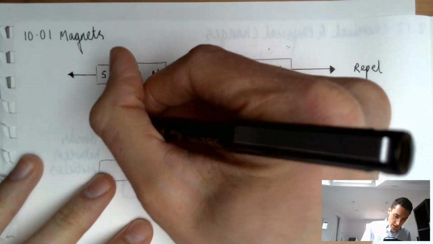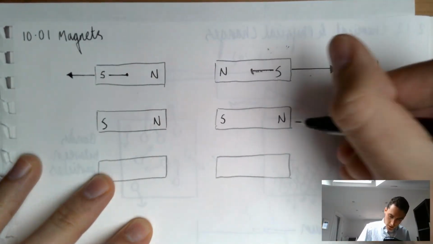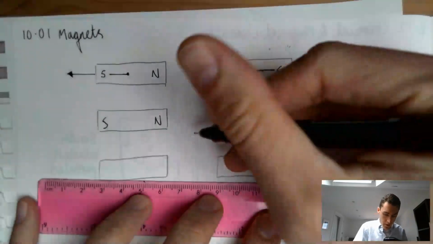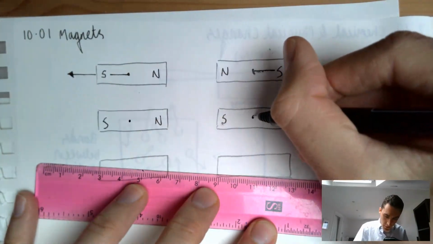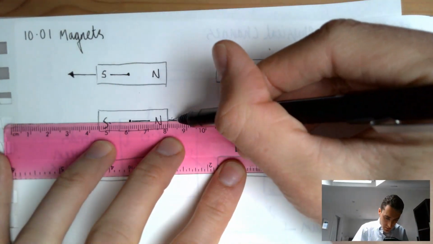Next, I would have another case. So let's say I've got south and north, and then south and north. Well, hopefully they would know anyway, but you can reinforce this, that these two would attract, beg your pardon.